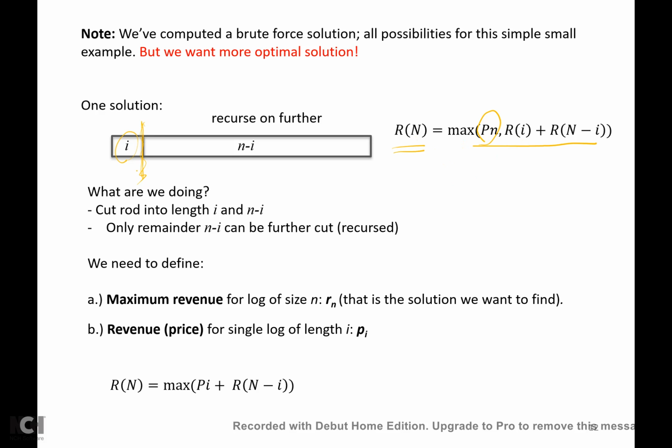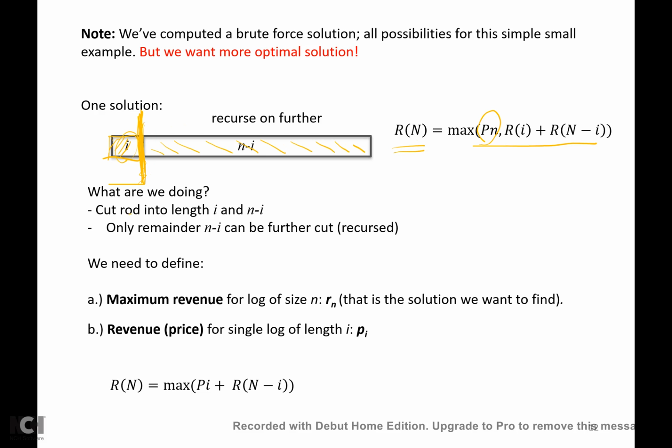And then in that case it is Rn equal to maximum of Pn, Pi plus R n minus i. We could talk about this is the first cut. It doesn't mean it's the only cut, it's the first cut. And later they could have different cuts for this part or this part. They could have different cuts, right?